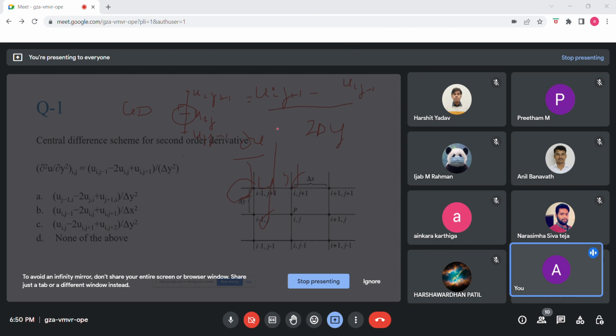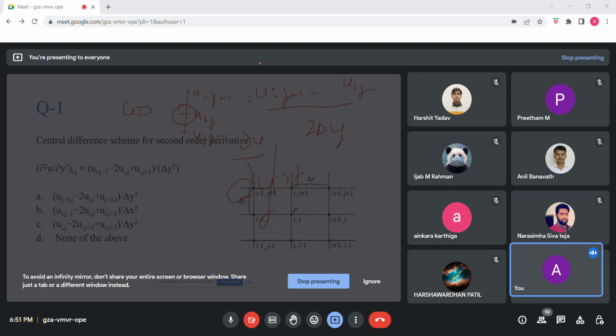If it is a forward difference, just for information, we'll be using these 2 points, that is u i j plus 1 minus u i j by delta y. That will give forward difference. And backward difference, if we are using, it will be u i j minus u i j minus 1 by delta y.